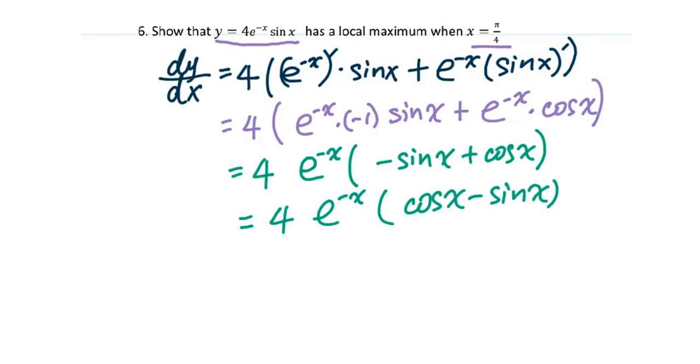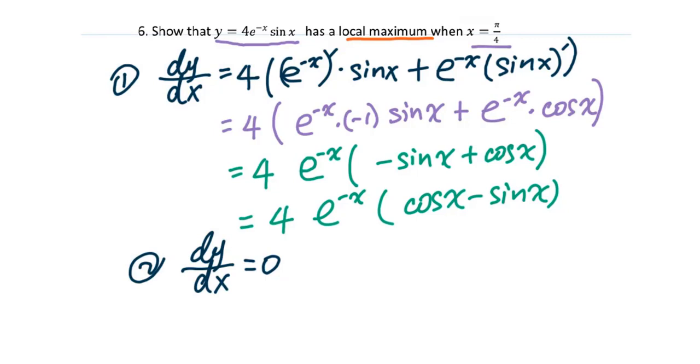Since we are looking for the local maximum, right, we need to make the derivative equal to 0. So dy by dx, we set equal to 0. We need to solve for x, that is for stationary points.